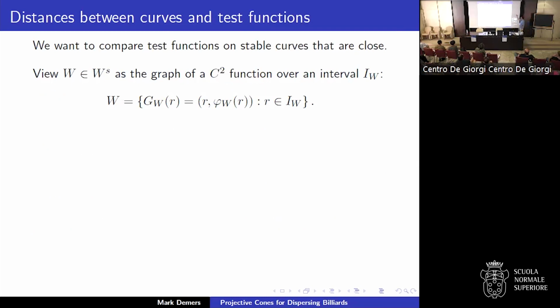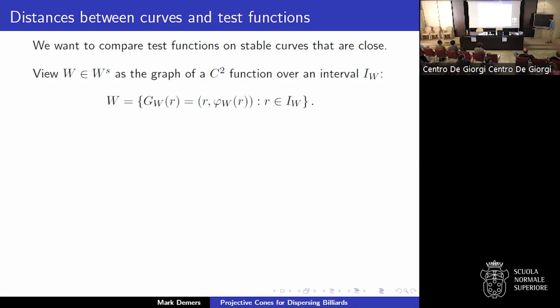So ideally, what we'd like, in this kind of setup in the phase space, you have a stable curve, call it W1, and another stable curve, call it W2.